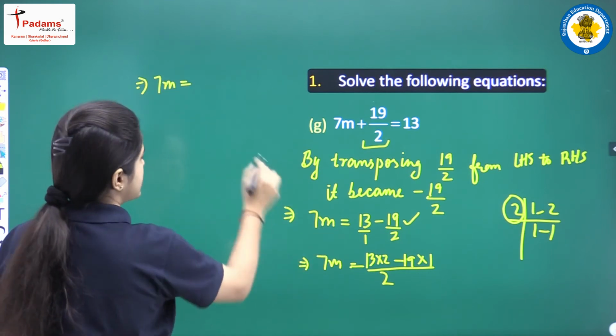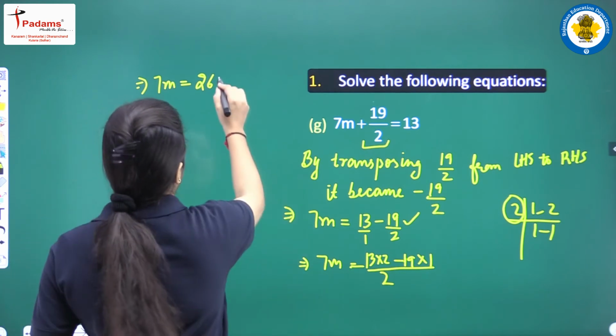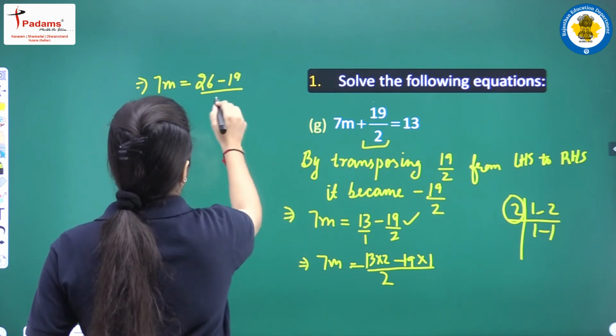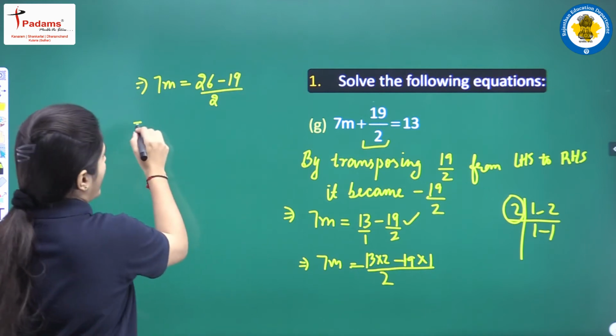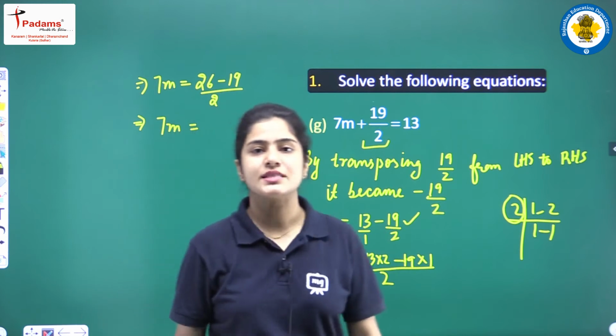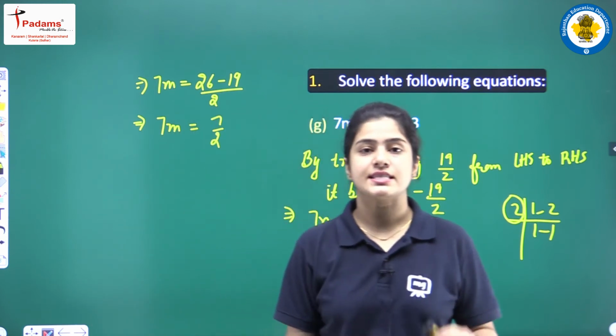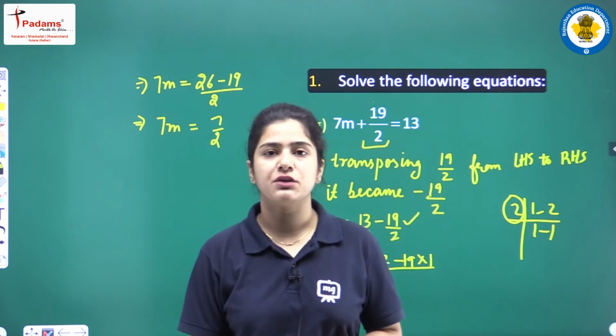Okay students. So now 7m is equal to 26. 13 into 2 is equal to students 26. 26 minus 19 upon 2. Okay. Now have a look students. 7m is equal to 26 minus 19, that is equal to 7, so 7 upon 2. Have a look at this students. 7 is in multiplication with the variable, right?